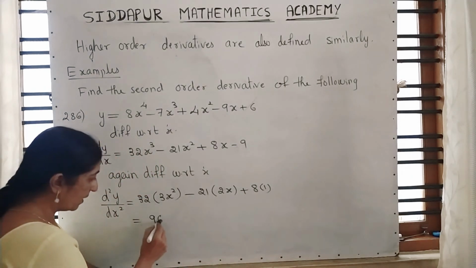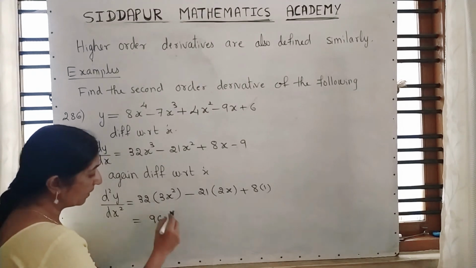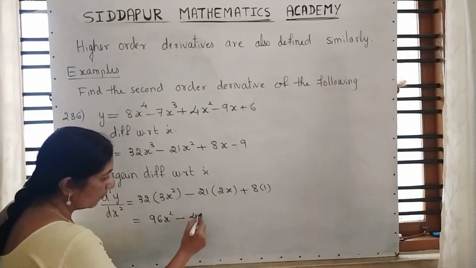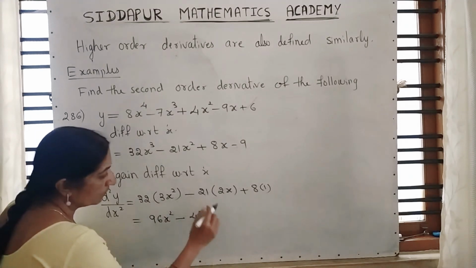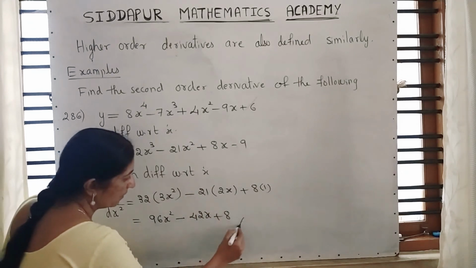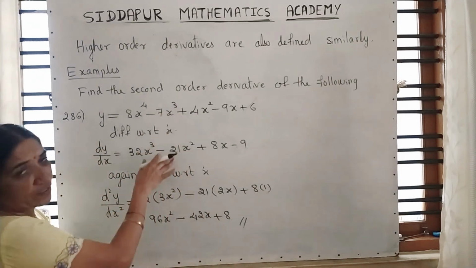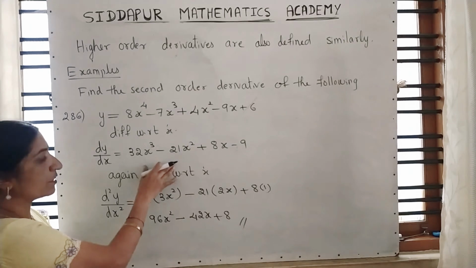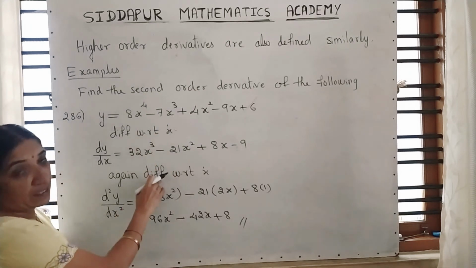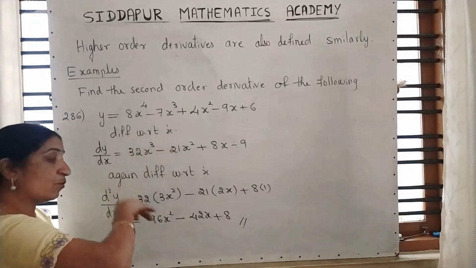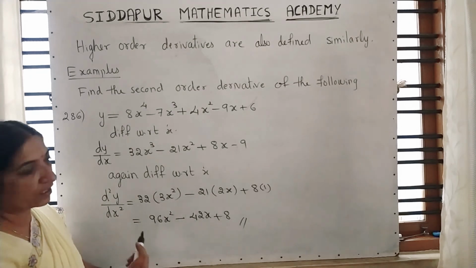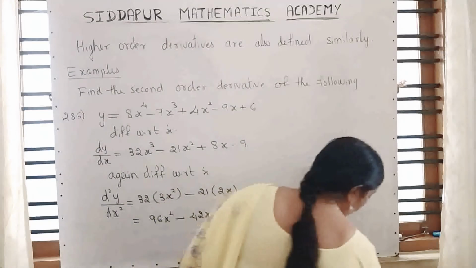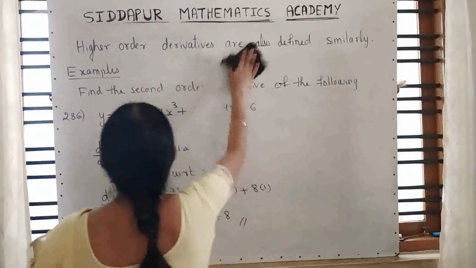It is 96x square, multiply these two, minus 42x plus 8. Once you are already familiar with one-time differentiation, if the answer exists, differentiate that answer once again. That is the second order derivative. Moving to the next example.